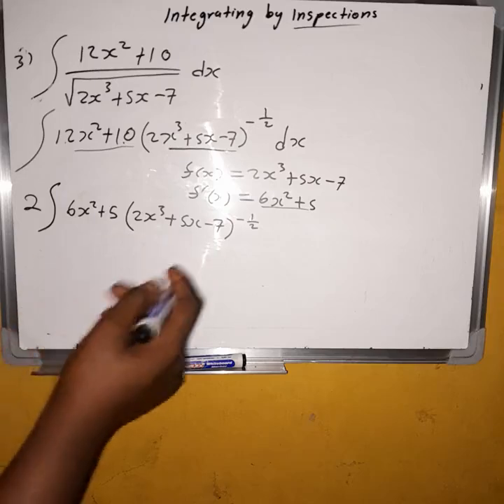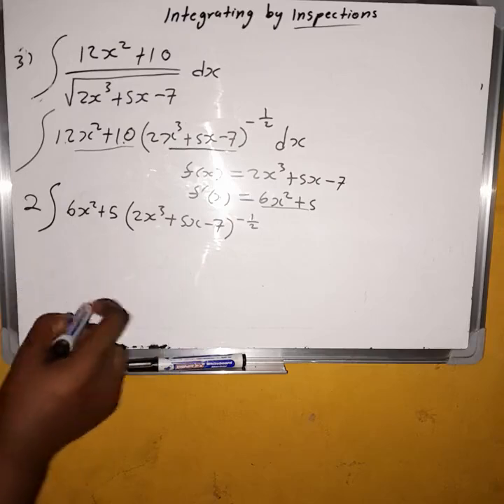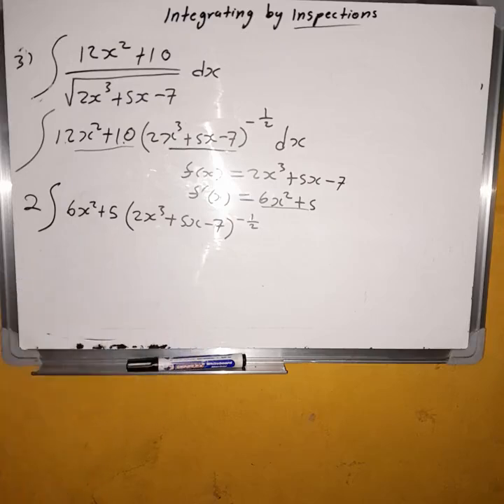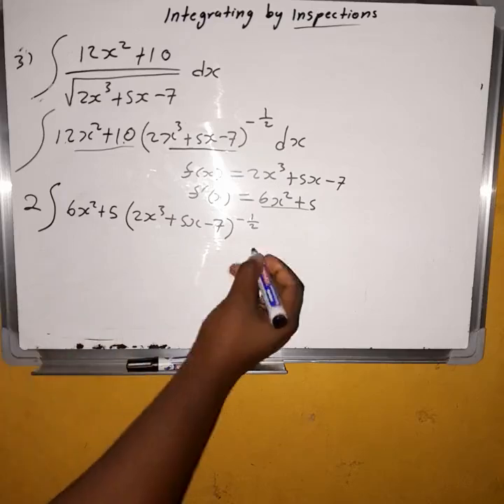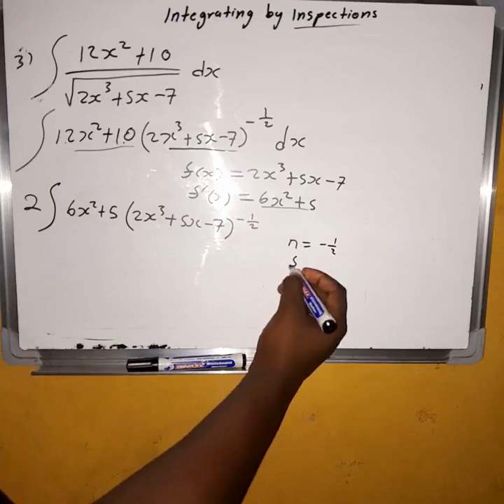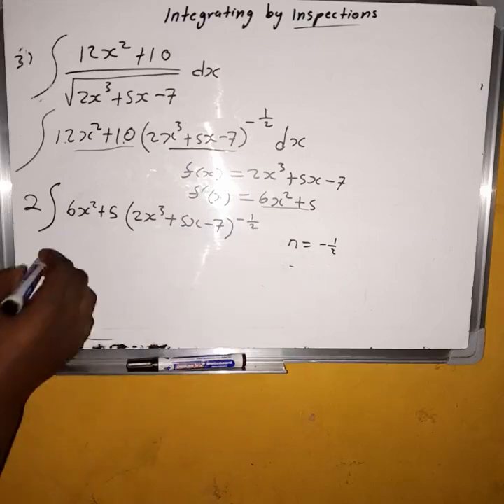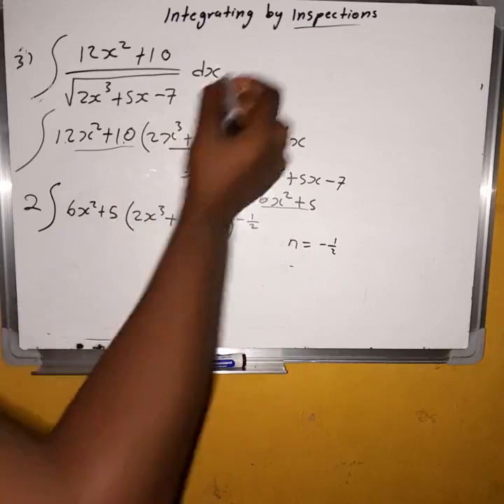Right, now let us apply the formula. We know I've shown the formula. Since we know the formula now, we know our n is equal to minus 1 over 2. F of x is here. We have n, then we can apply the formula.